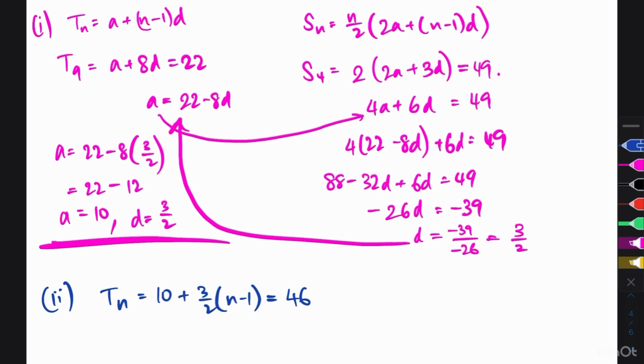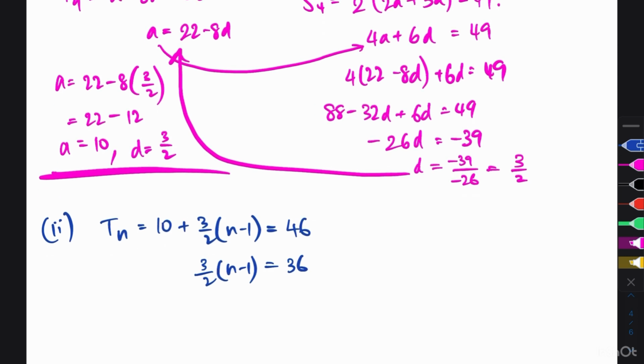Let's take the 10 over to the other side, so 3 over 2 n minus 1 equals 36. N minus 1 equals 36 times 2 over 3, that's 12 times 2 is 24, so n minus 1 equals 24.